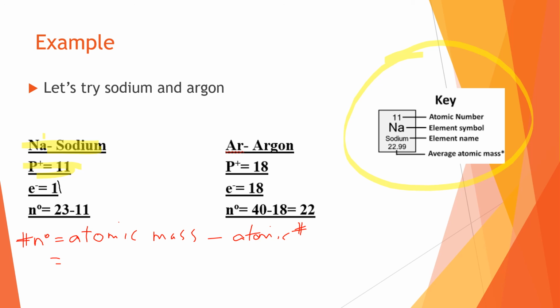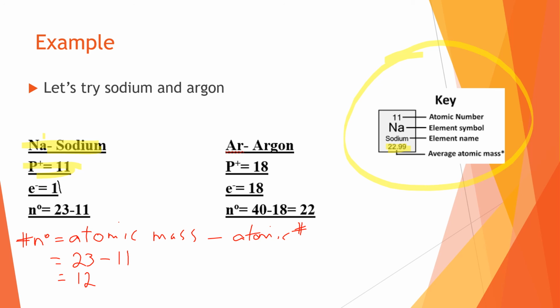The mass is this value right here, that bottom number. 22.99 rounds to 23. So it's 23 as the atomic mass, subtract 11, which is the atomic number, and that gives 12 neutrons.